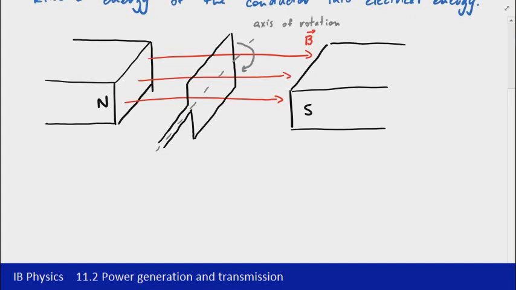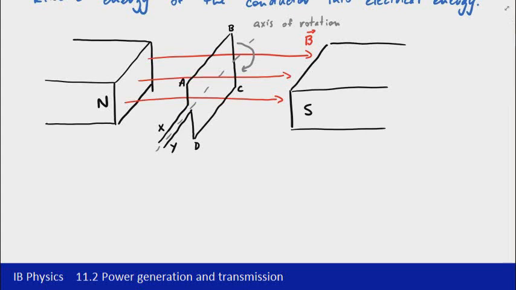To make this a little bit easier to understand, we'll refer to particular points on this loop. X can be that part of the loop, Y will be that branch. Then the corners of the loop we'll call A, B, C, and D. That's just for reference, so that when I'm referring to that particular generator, we can talk about what's happening.